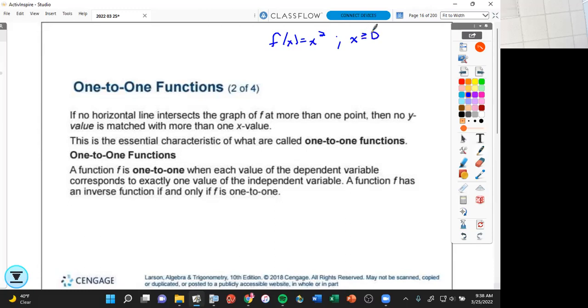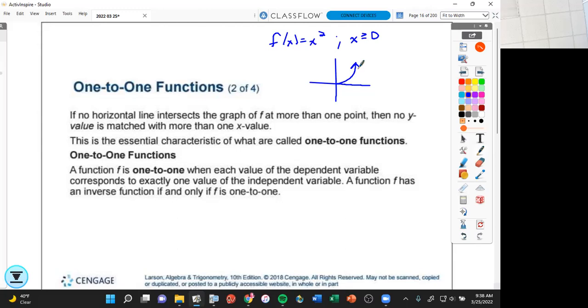Do you see what I just did? By establishing that domain, to graph this guy, here it is. Because I ignored the other values. Now, is this function one-to-one with my restricted domain? Does it pass the horizontal line test?